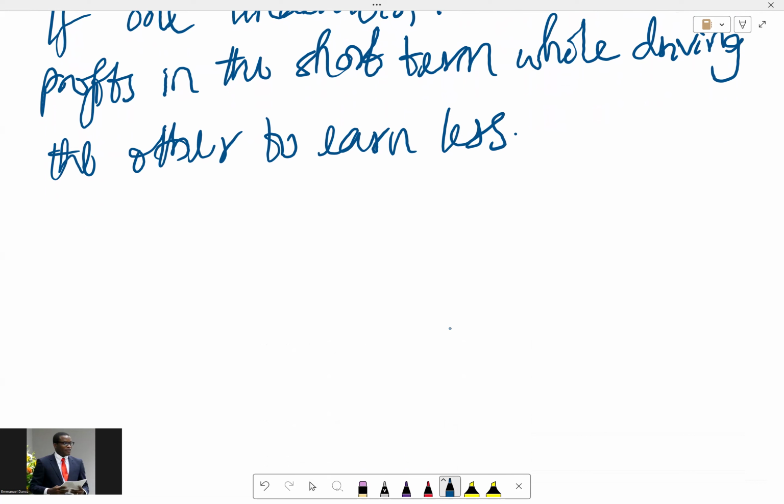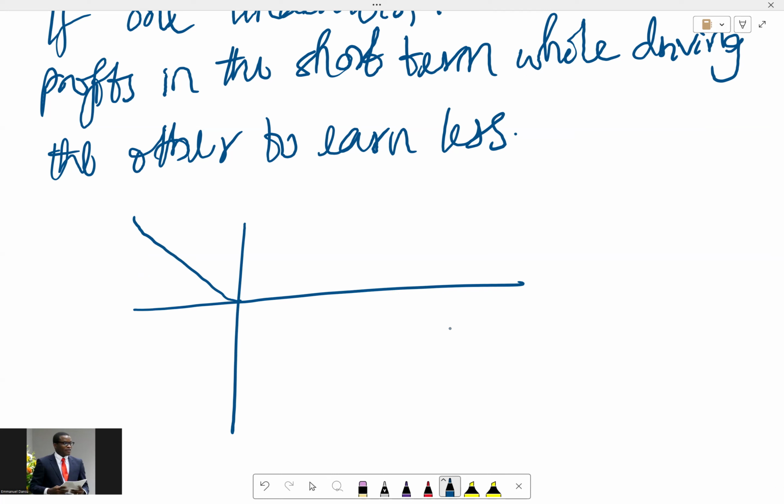Let me do like a table so that it's easy to write what I want to write. I think this works better.